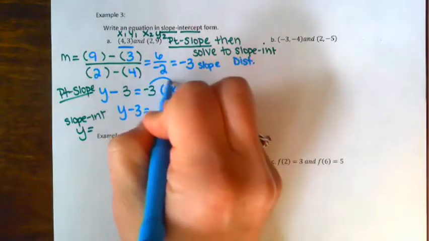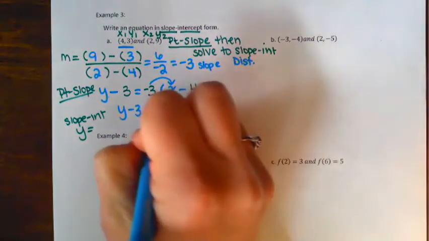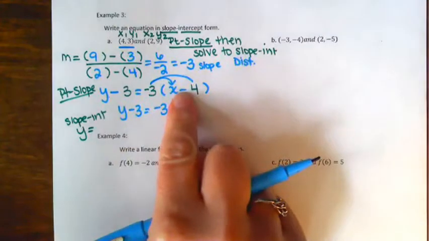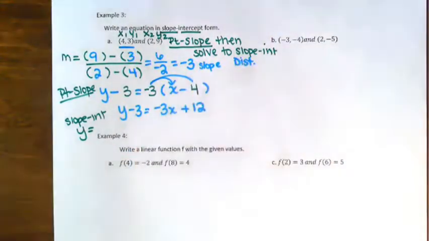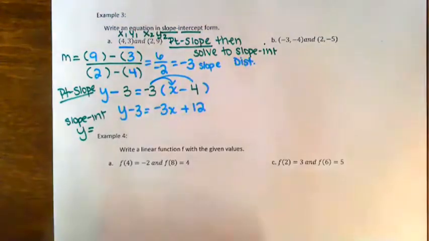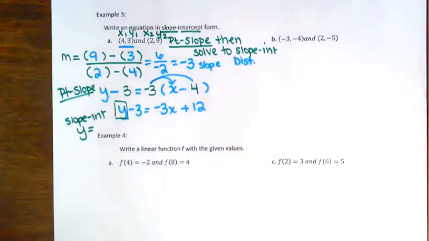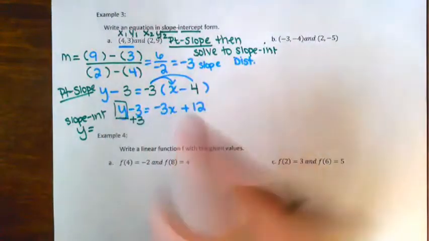What's -3 times x? -3x. A -3 times a -4 is 12, so I put plus 12. Okay. And now we're solving for y. So how would I move a -3 over? I would add it. And can I add this 3 to the x or the 12?